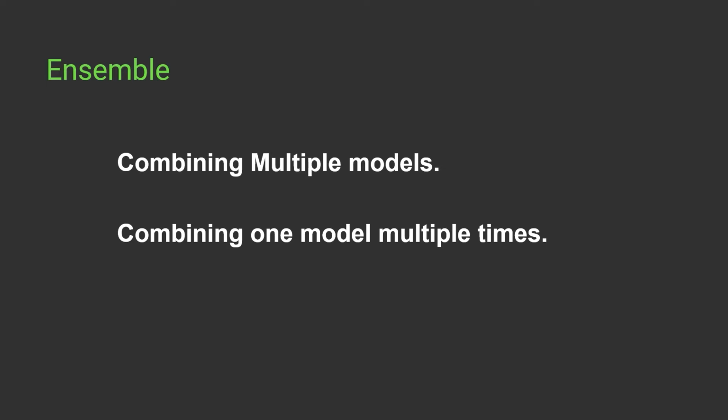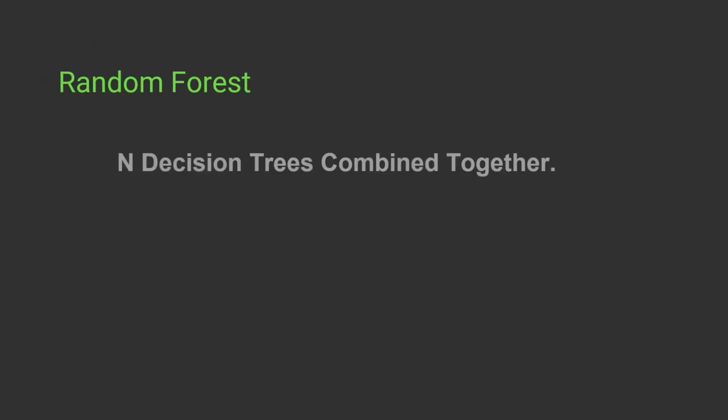If I combine the results of linear regression and support vector regression together and give a result, then it will be an ensemble of these two models, right? So ensemble means either we combine different models, or we combine a single model multiple times.